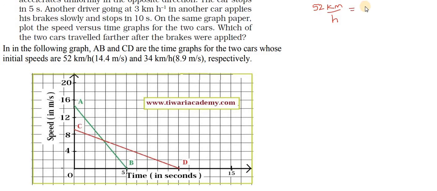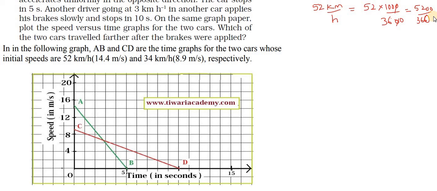How? We know that 52 into kilometer is 1000 meters, divided by hour, which is 3600 seconds. So the zeros get cancelled, and it is 52 into 100, which is 5200, divided by 360.